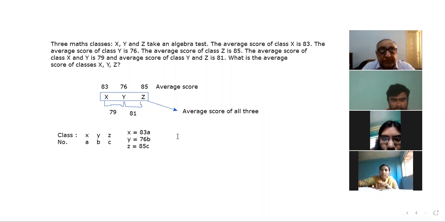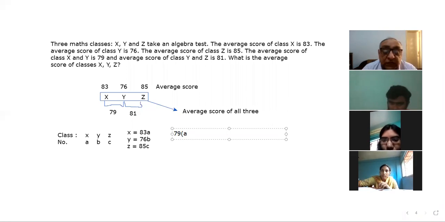It means the total score of X plus Y is equal to 79, the average score, multiplied by the number of students in both the classes taken together, A plus B. This is the total score, so that is equal to the total score of class X, 83A, plus the total score of class Y, 76B.